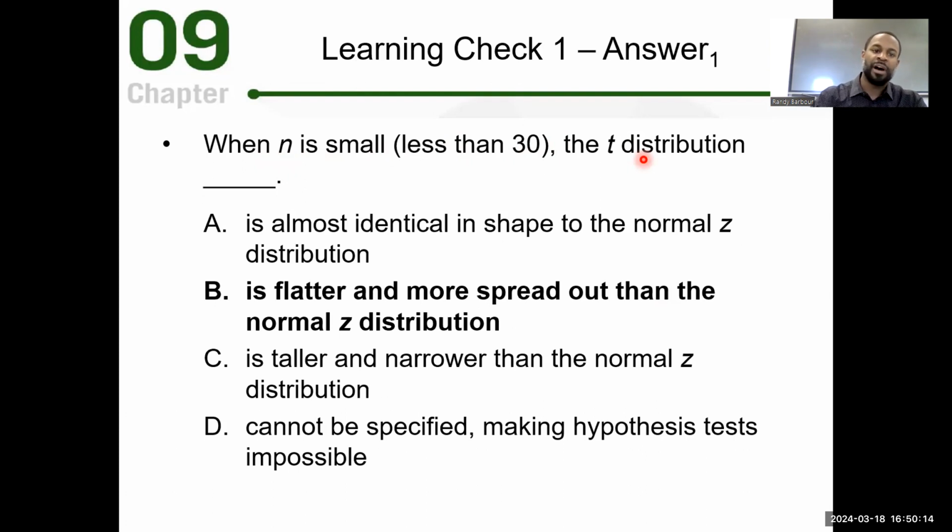If n is smaller than 30, it's going to be more flat and more spread out. You have more variability. But as you increase your n, you decrease your standard error and your variability, which makes it look more like a normal distribution.